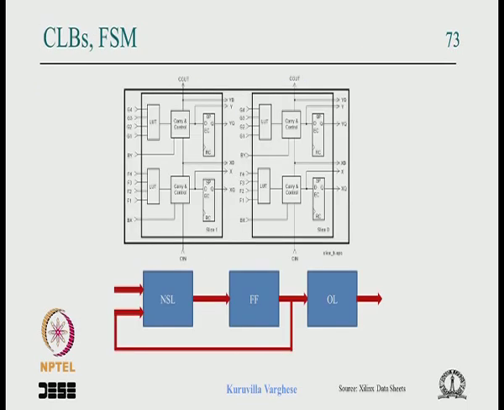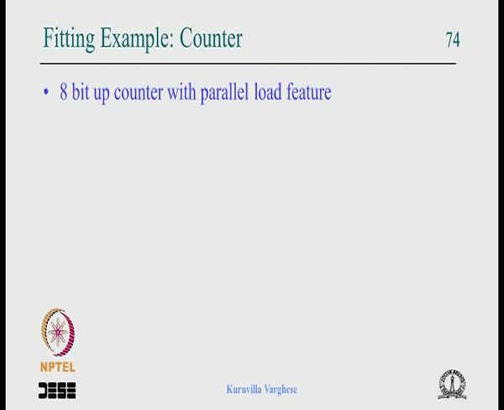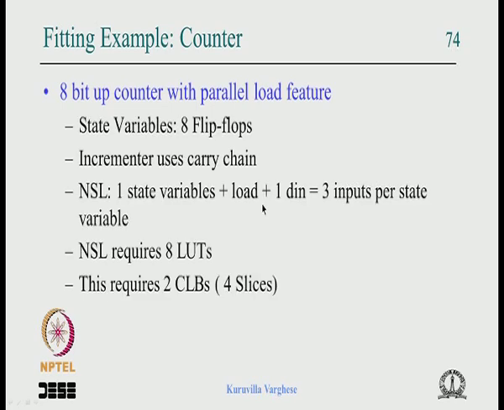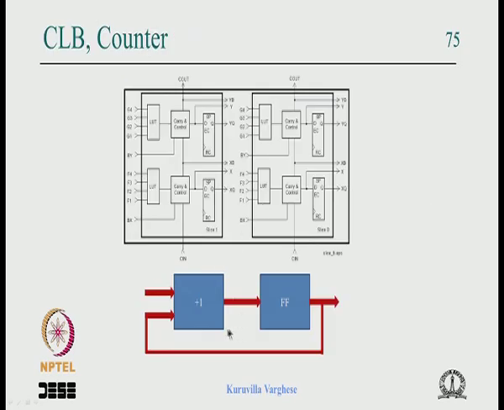Okay. Similarly, let us take an example of an 8-bit counter with parallel load feature. That means a normal 8-bit counter with a reset, and also it has a synchronous load. We have seen the circuit of this counter. If you look at it, you have the 8-bit Q7 to Q0 flip flop, and that is incremented and given here.